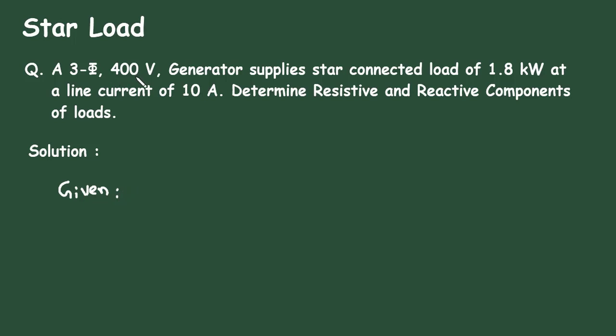Always remember that in a question the given voltage is line voltage. So that means this 400 volt is the line voltage. So VL is equal to 400 volt. Then the power is given, so power is equal to 1.8 kilowatt.